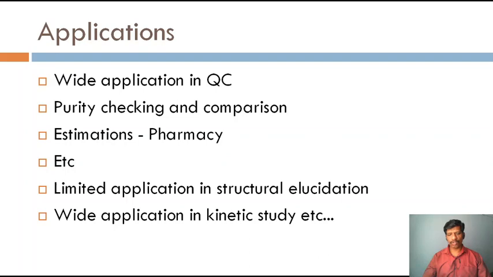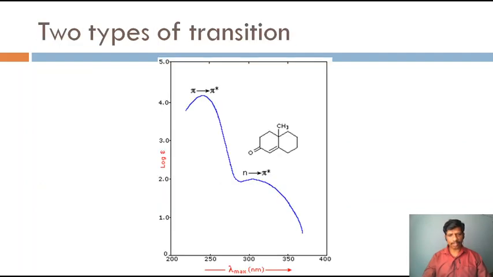It can also be used if the product is UV active; then you can study the same kinetics using UV, where the reverse will take place. As time progresses, the concentration will increase and therefore the spectrum intensity will increase. If you study the reactant, you see a decrease in concentration. If you study the product, the same kinetics can be studied as an increase in concentration of the product. In both ways, it can be useful.